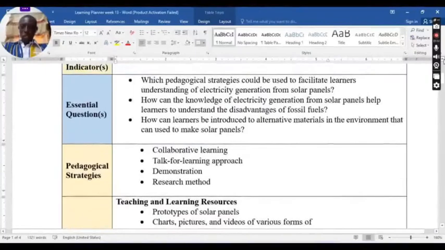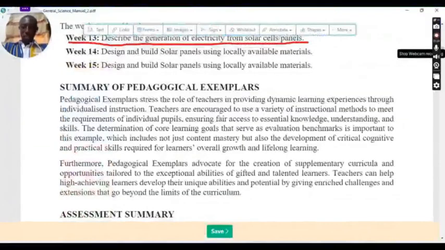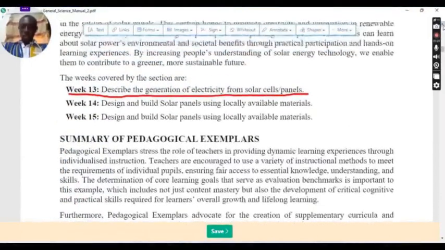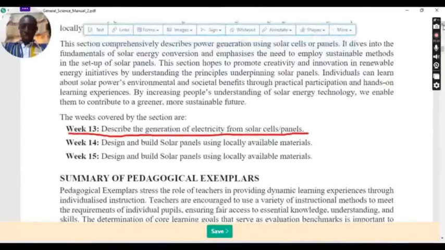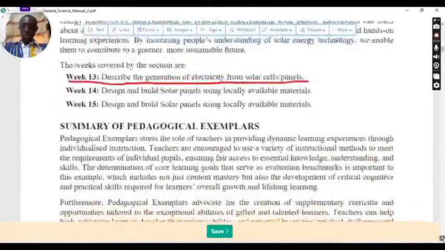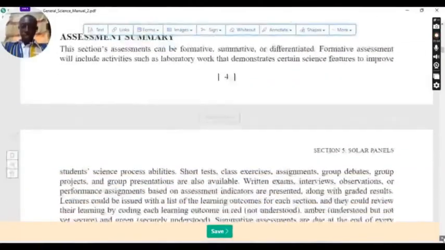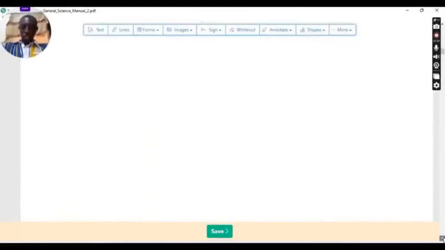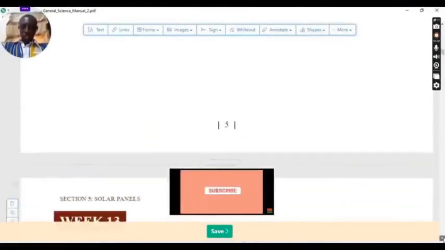Moreover, you have to read the teacher manual on the LI, the topic you are teaching. For example, this week 13 talks about generation of electricity from solar cells or solar panels. You have to take your time and read and know the content of what it is talking about. Read this as I'm scrolling down.